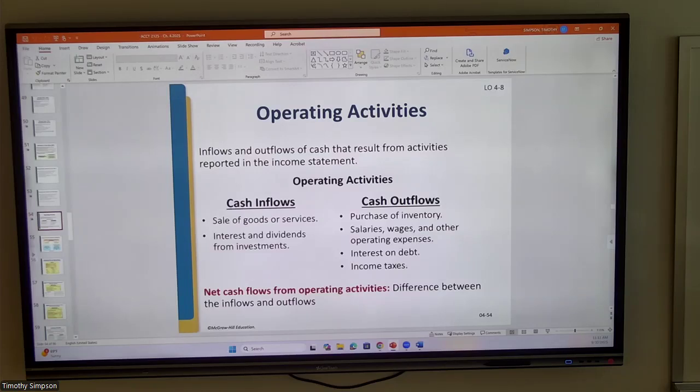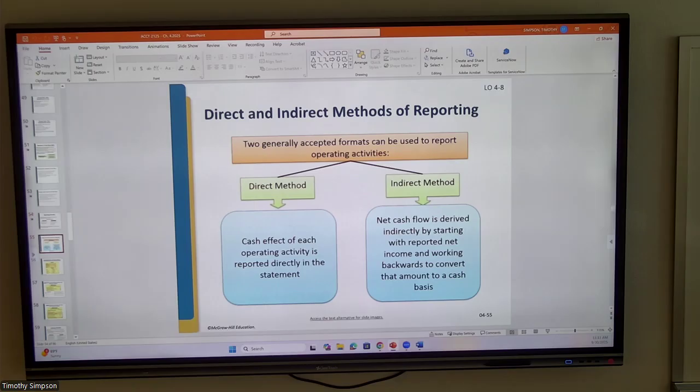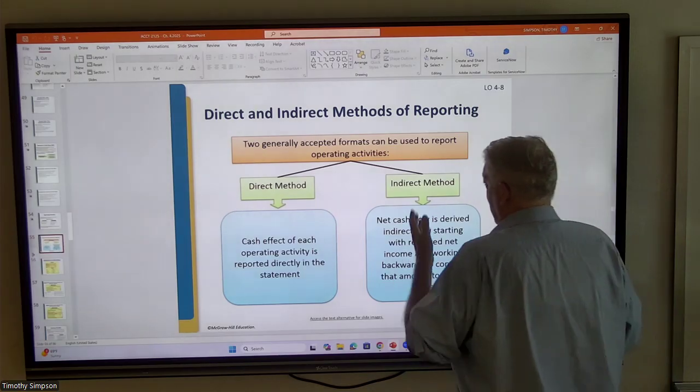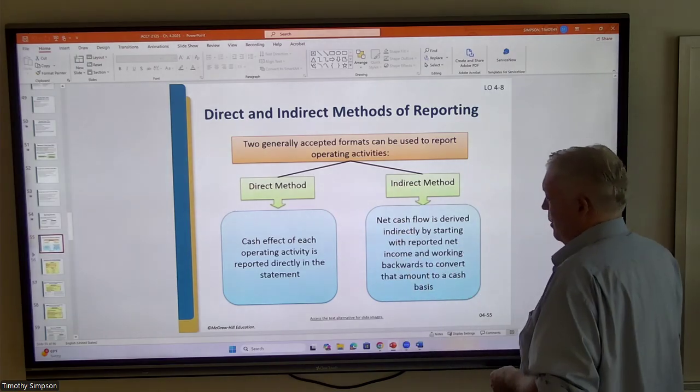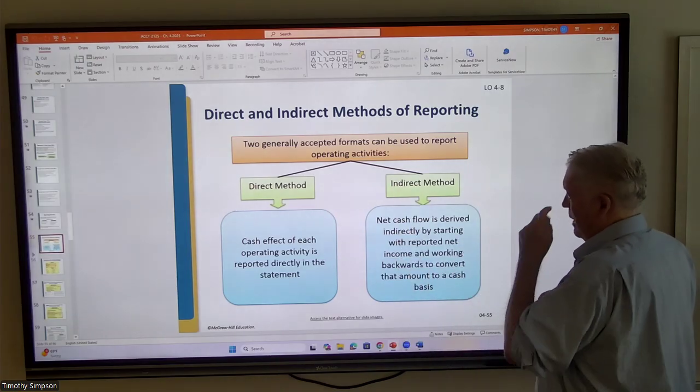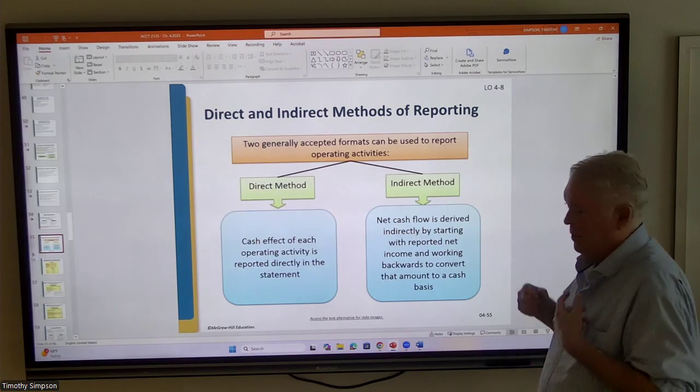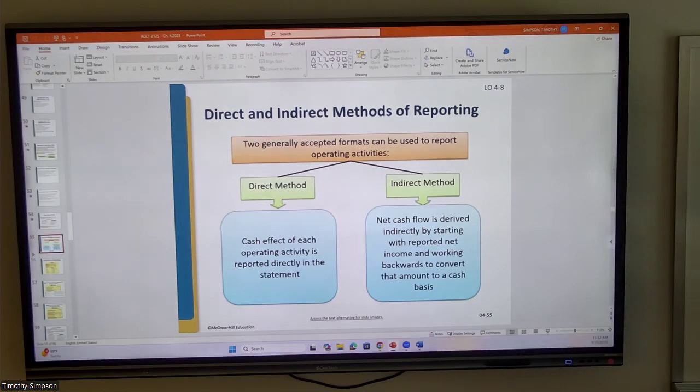So we have two different methods of reporting this, and one's called the direct method, and the other is called the indirect method. The direct method basically says every operating activity is reported in the statement itself, so you're actually breaking out exactly what is going on, because we've traced the changes in the cash flow statement back to what the changes in cash were, and so reporting is a direct method.